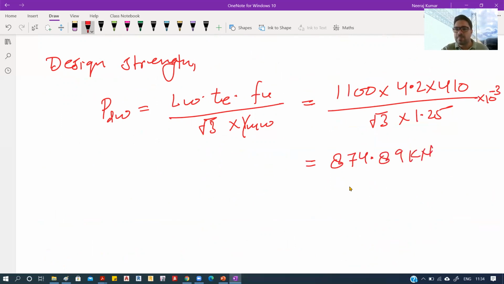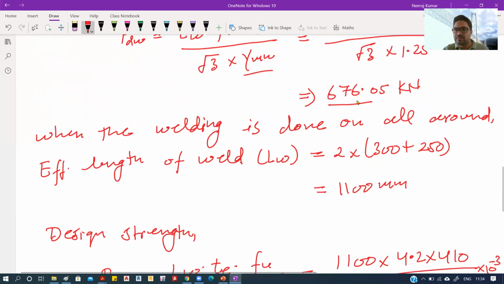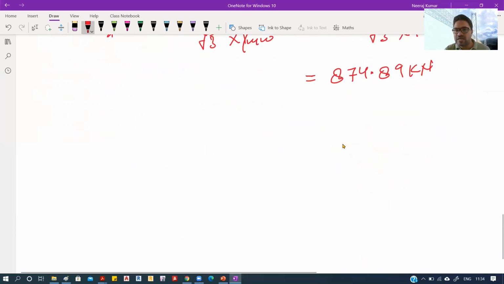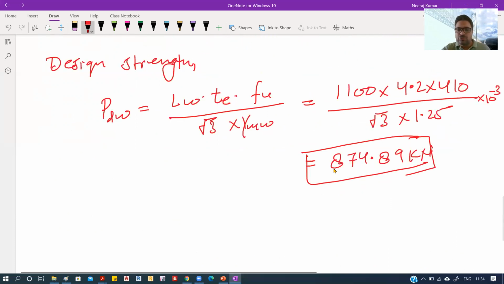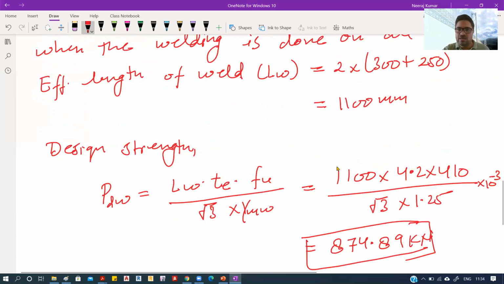Now you can see if we are welding on three sides, the strength is 676 kilonewton. If we are doing welding on all four sides, then this much strength will be achieved. Okay, so this is the numerical. Now I conclude this numerical. Thank you.